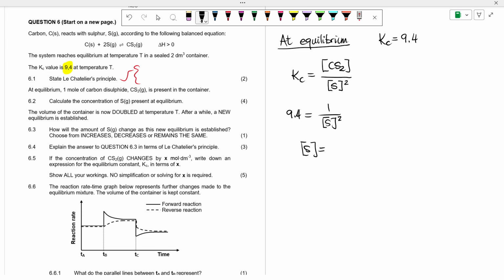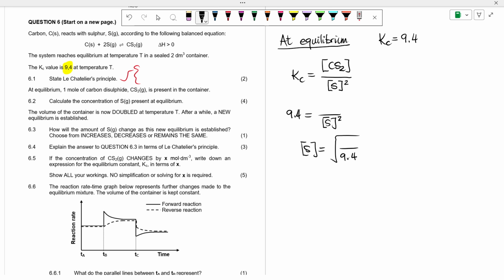Wait. Are we not supposed to have C equals n over V? We have the moles there. So it's going to be 1 over 2, which is 0.5. Yes, you are focused. That's good. So you need to first find the concentration.